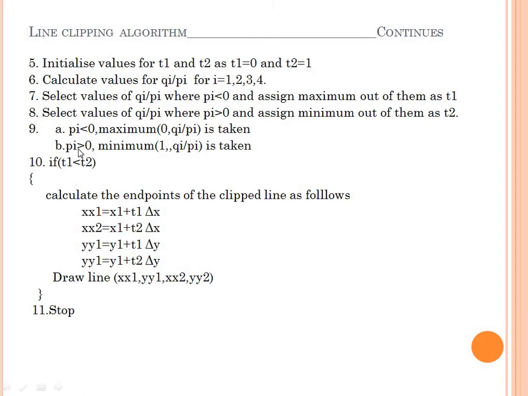The second condition is p_i greater than 0: then we calculate the t2 value, that is t2 is equal to the minimum of 1 and q_i upon p_i. The region for calculating t1 and t2 means the line runs from t1 to t2.